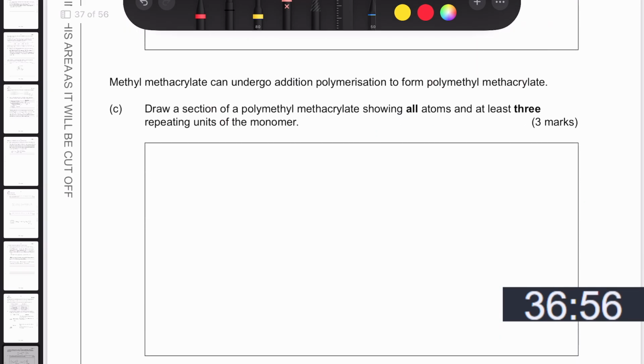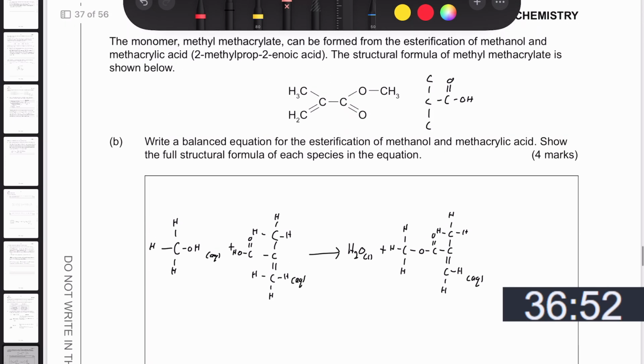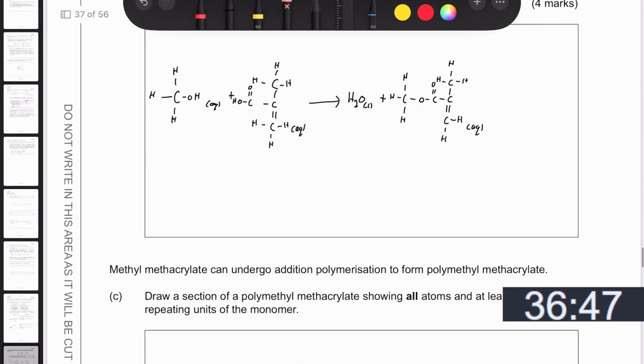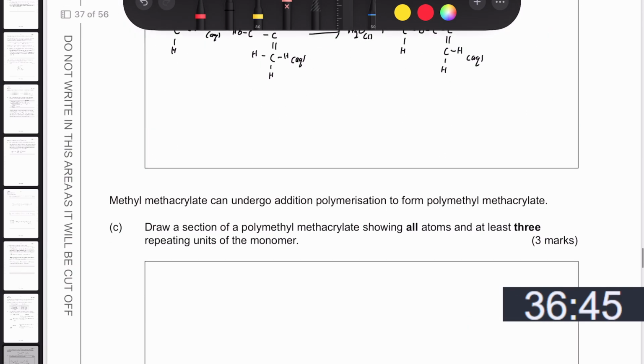Methyl methacrylate can undergo addition polymerization to form polymethyl methacrylate. Draw sections of the polymethyl methacrylate.